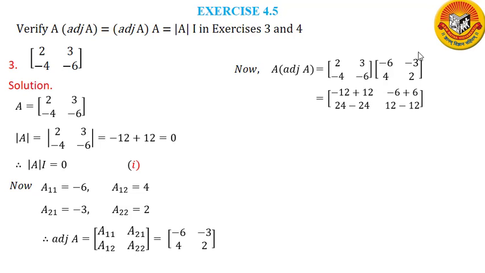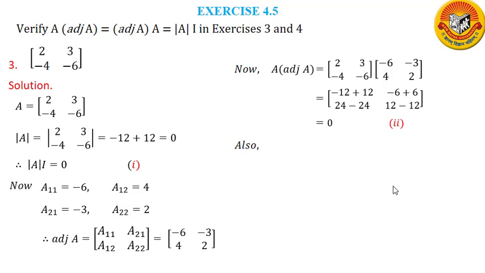Then 2 into minus 3 plus 3 into 2 will give me the second element of the first row. Similarly for the second row, I multiply the second row with the first column, so I will get the second row first column element. So minus 4 into minus 6 plus minus 6 into 4, and this element as minus 4 into minus 3 plus minus 6 into 2. So by this I will get the answer as 0.